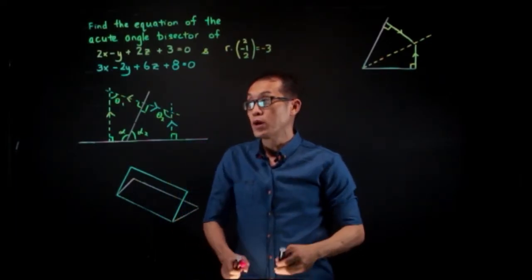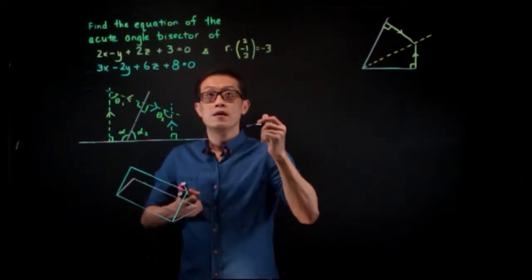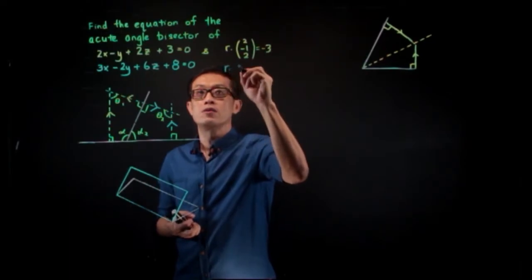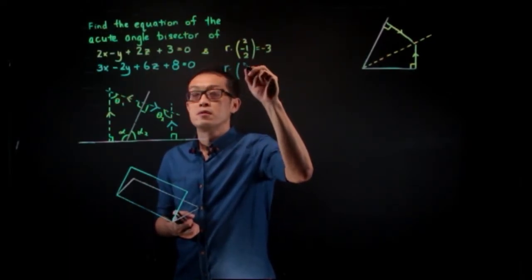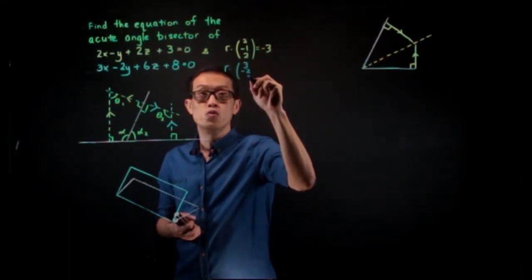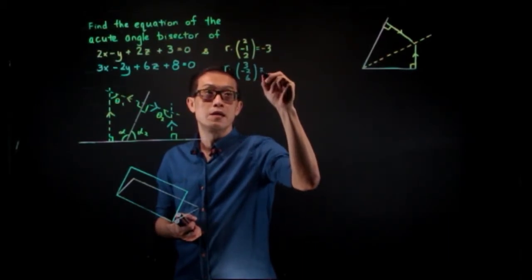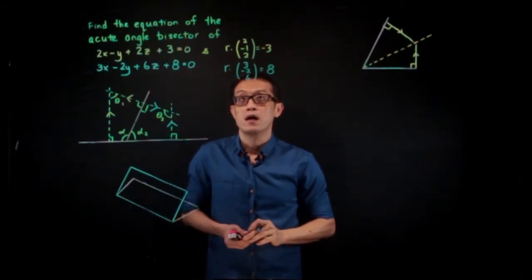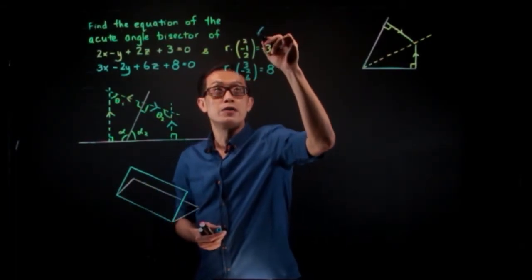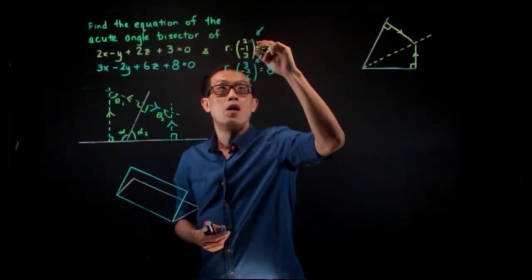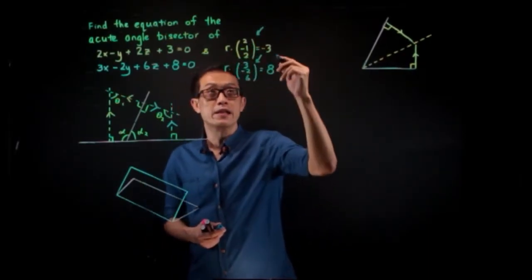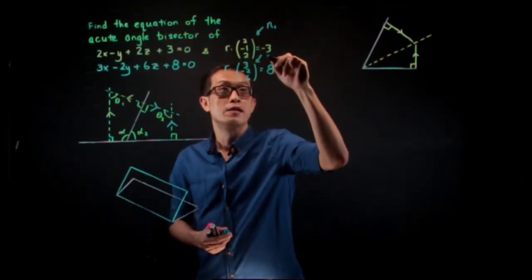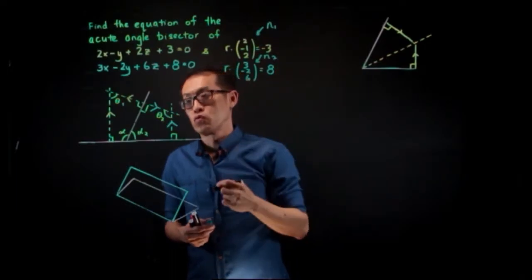And then the other one will be r dot (3, minus 2, 6) equals 8. Now, these two are the normals of the respective planes. Let's call this N1 and this N2.